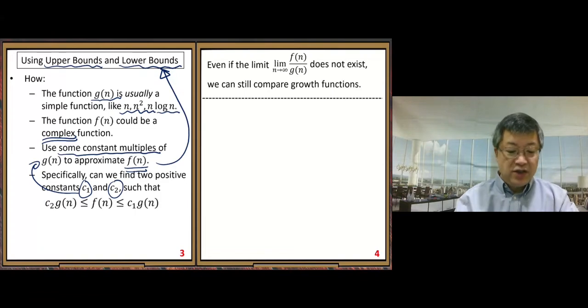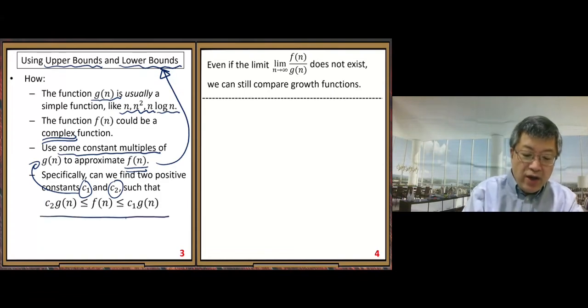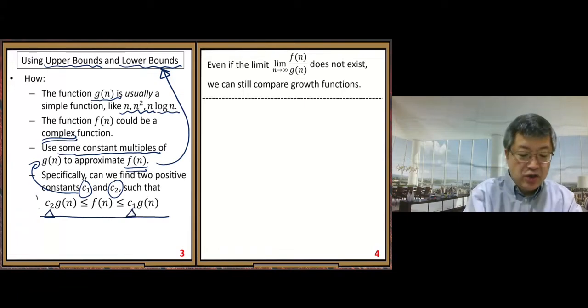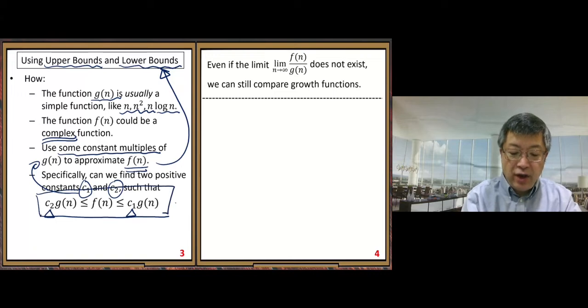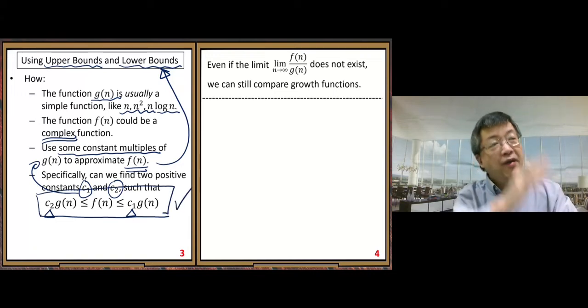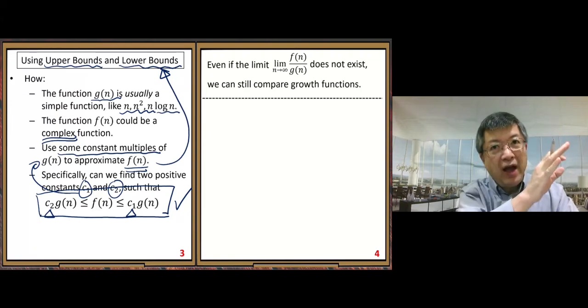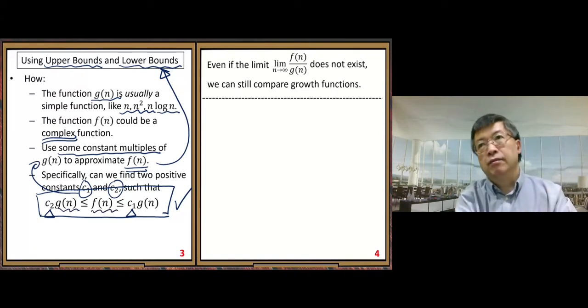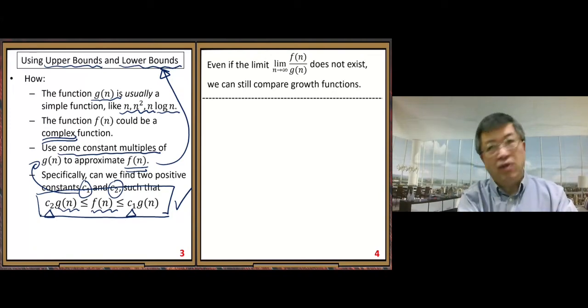We try to find C1, C2 positive constants such that this inequality holds. If we have that, then we can say these two functions, f of n and g of n, have the same order of growth.